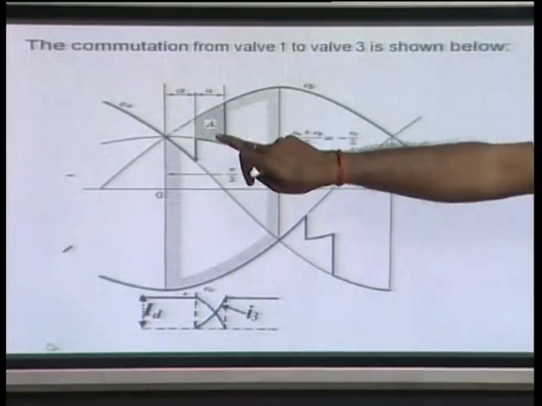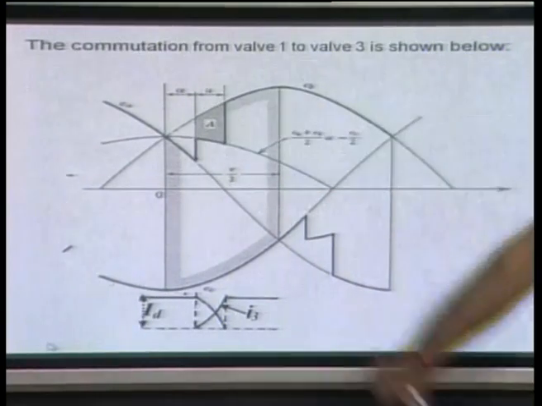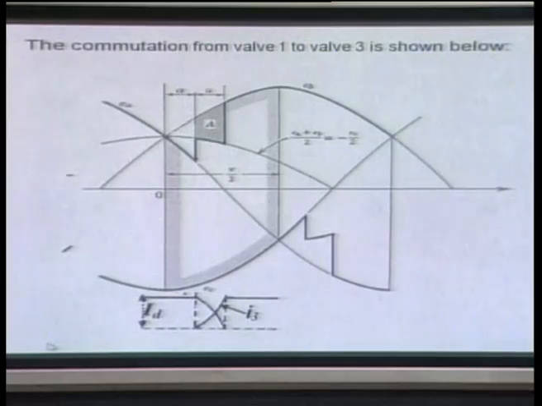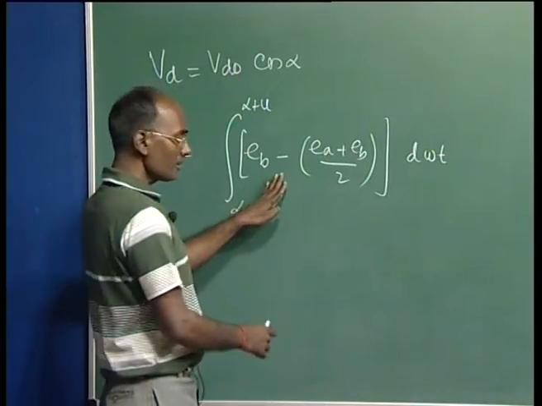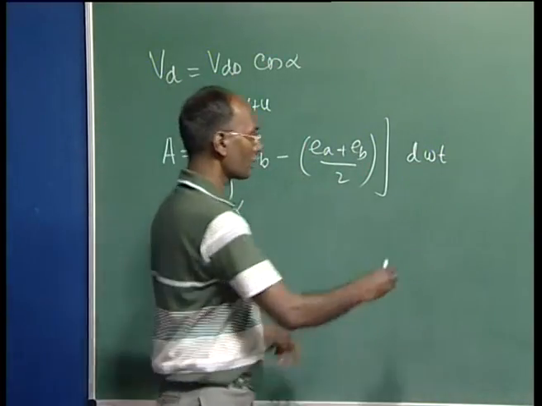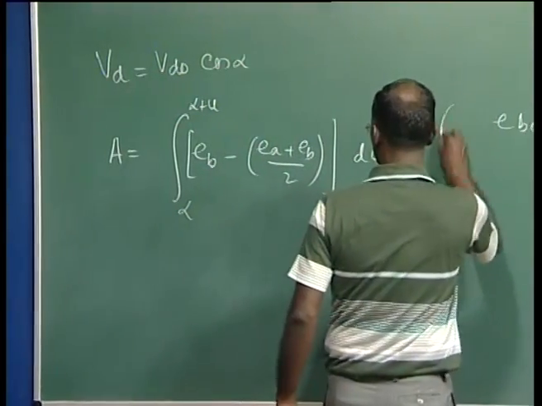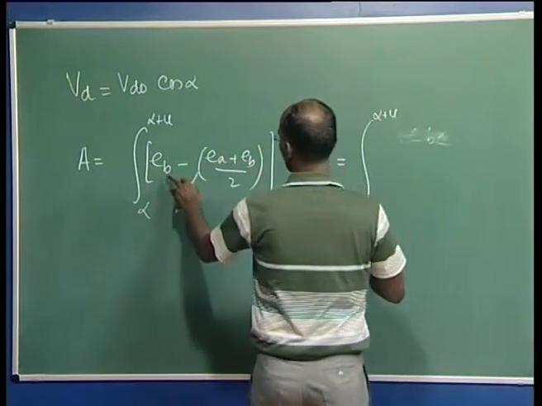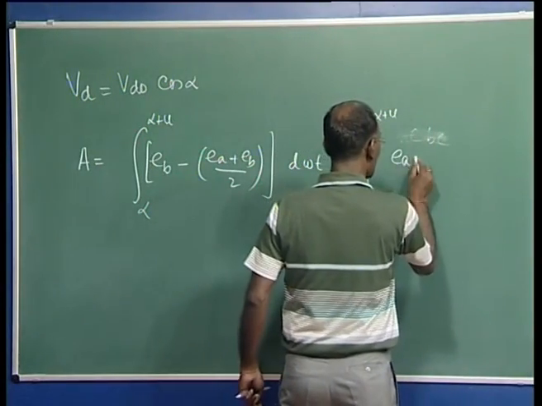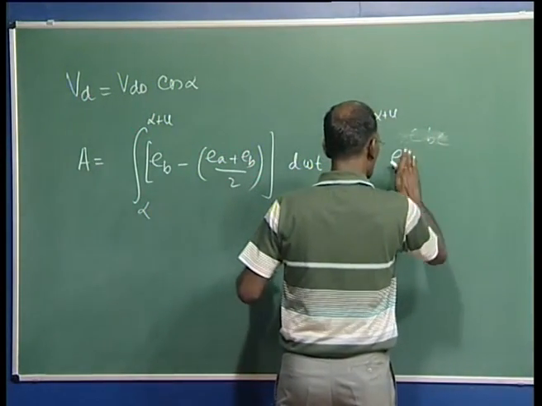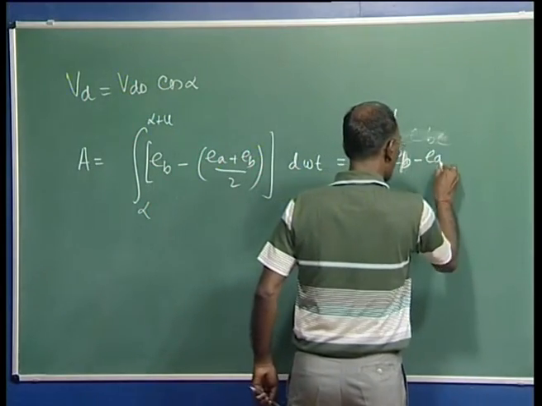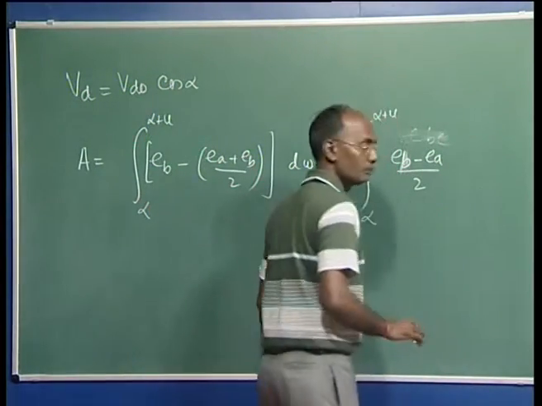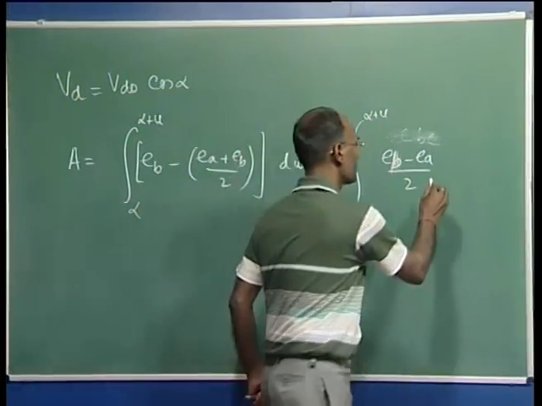So this minus this between this period is your area A. This is a very simple expression: from alpha to alpha plus U, EB minus EA by 2, d omega t.